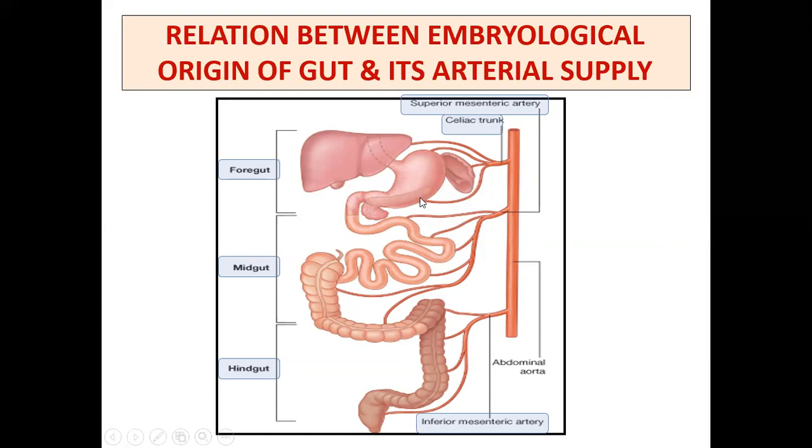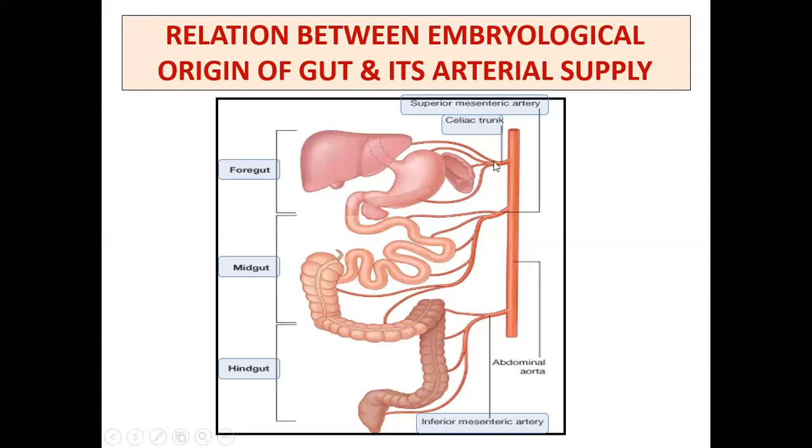The whole of the GIT is divided into three parts: the foregut, midgut, and hindgut. The foregut includes the pharynx, esophagus, stomach, up to the second part of the duodenum, where the pancreatic duct opens at the major duodenal papilla. So up to here will be the foregut.